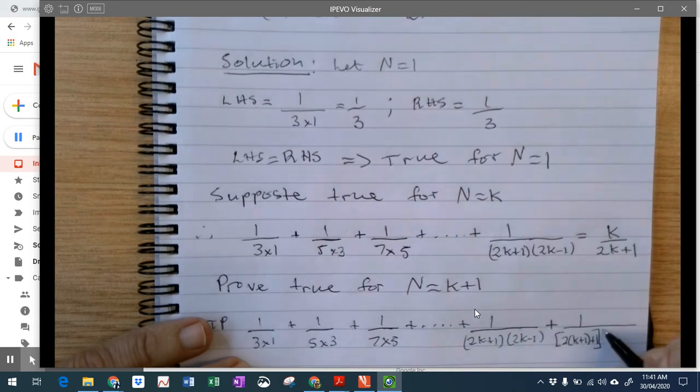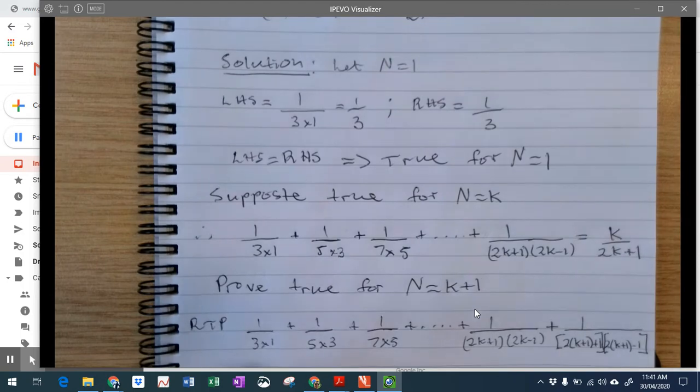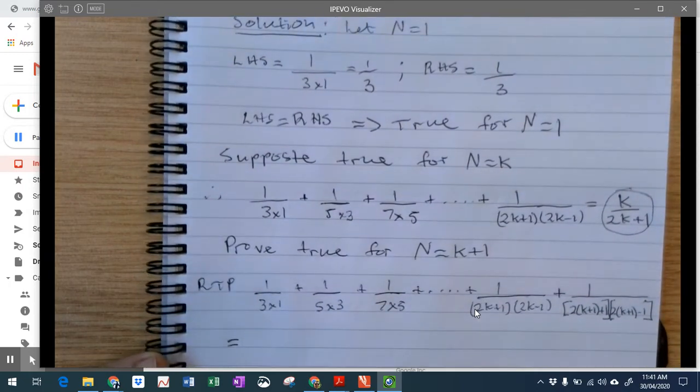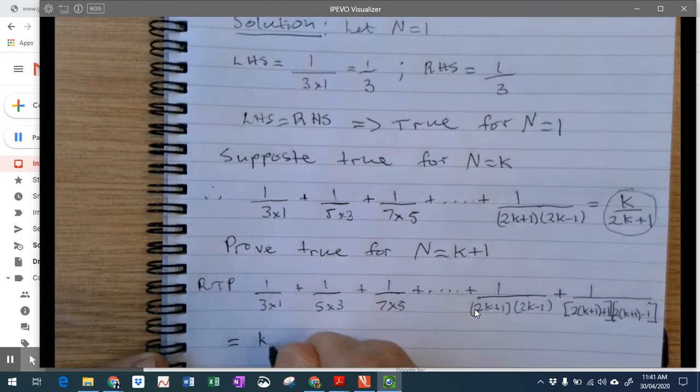And then, let's see if I can fit this in, 2 outside of k plus 1, and then minus 1, close bracket, equal to, now we've got to put the k plus 1 in there, so k plus 1 over 2 outside of k plus 1 plus 1.